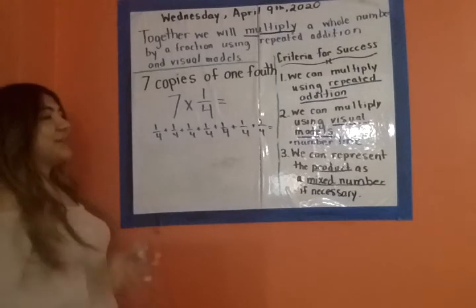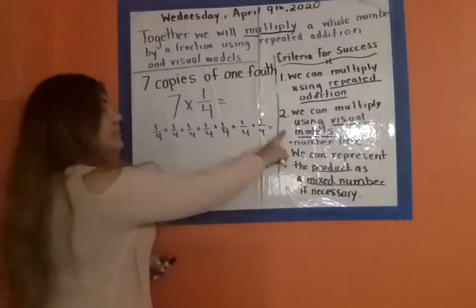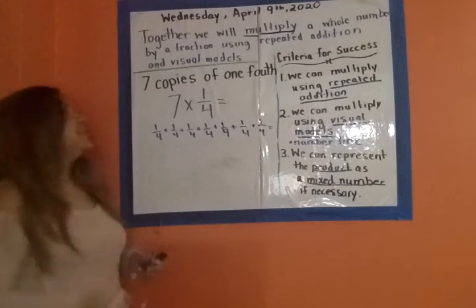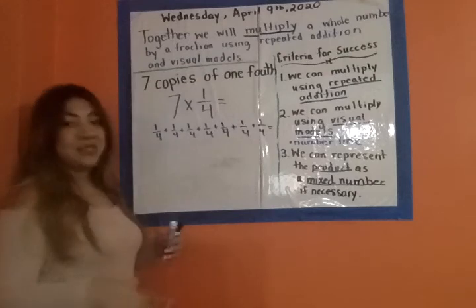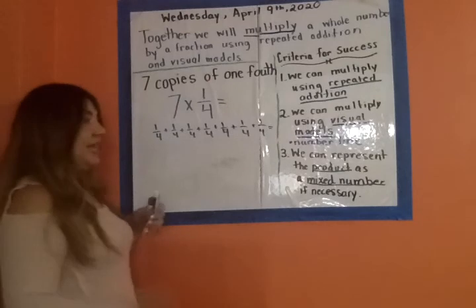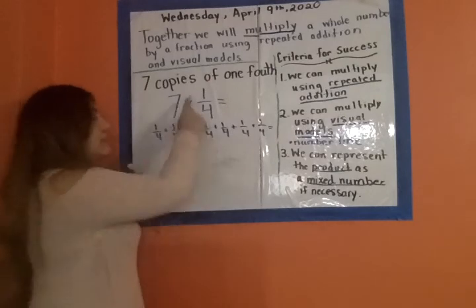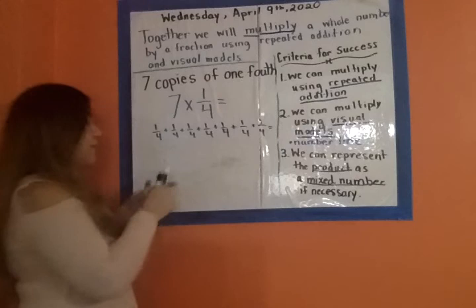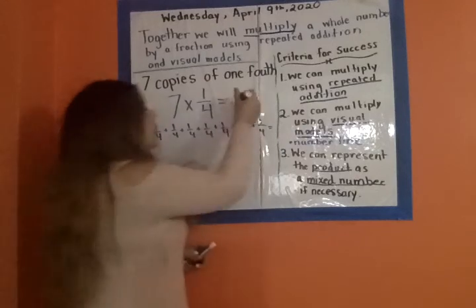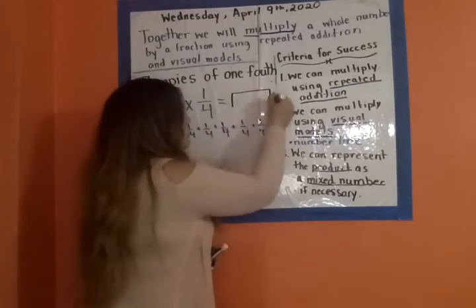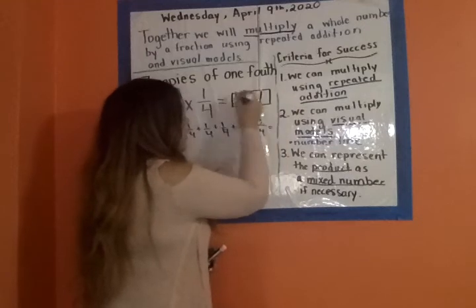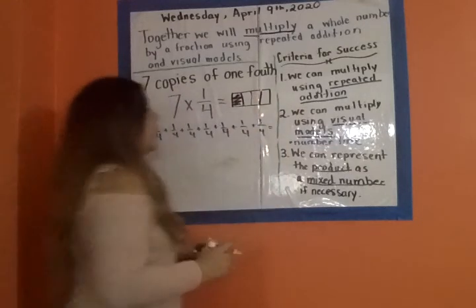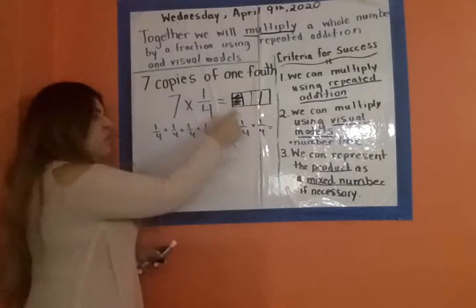All right? Because today we want to show our work using a visual model. That's the requirement, we need to be able to use a visual model. And so my go-to this morning is a number line. Ready? I know 1/4 visually is less than 1 whole. Classic tape diagram, partitioned into fourths, where 1 is shaded, and we're asking what 7 of those are.